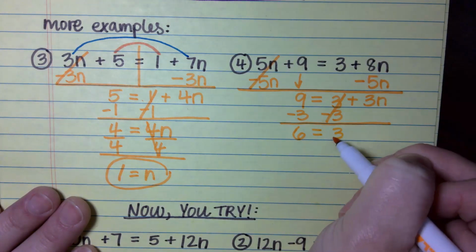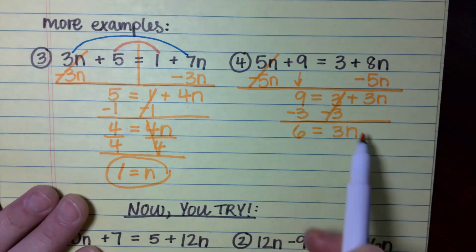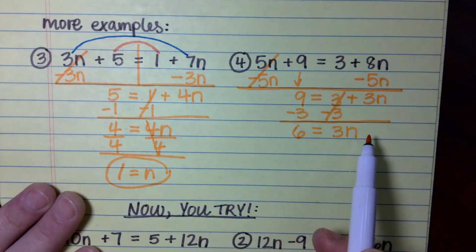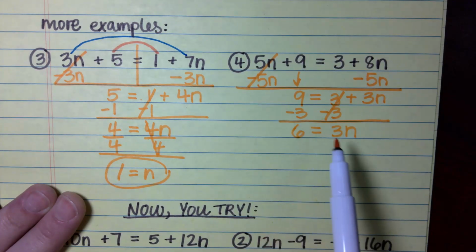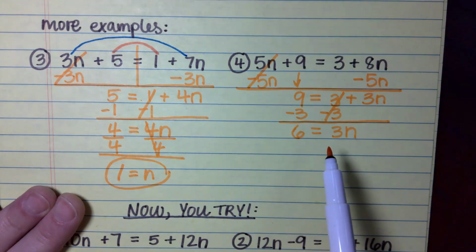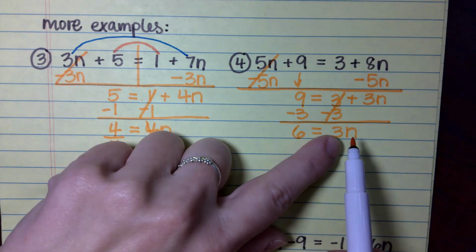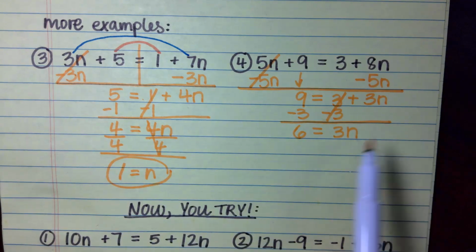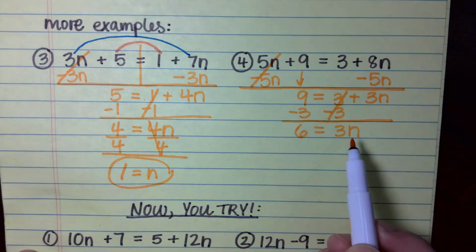Equals 3 times n. Now that I only have n's on this side, I don't have any pluses, any minuses, I don't have another n over here. This is the only point where I can finally get rid of the 3. I cannot take n and separate it from what it's attached to until everything around it is gone. So what would I do here now?